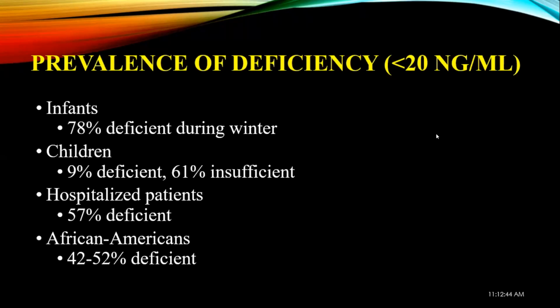So vitamin D deficiency is more common in winter than in summer. We have already seen that vitamin D formation in the skin requires ultraviolet light of a specific wavelength, between 290 and 315 nanometers, with a peak at 297 nanometers. During winter, the wavelength of sunlight, that ultraviolet light, does not fall between 290 and 315, which is necessary for vitamin D synthesis.